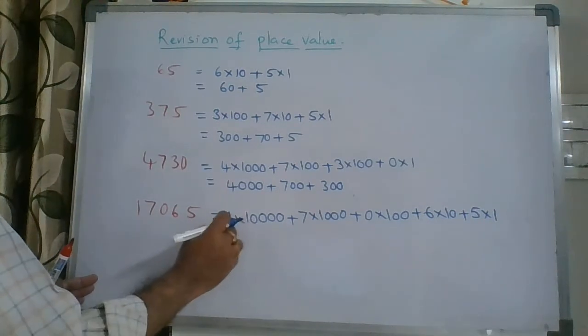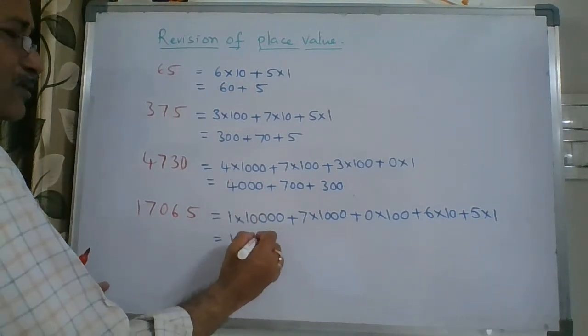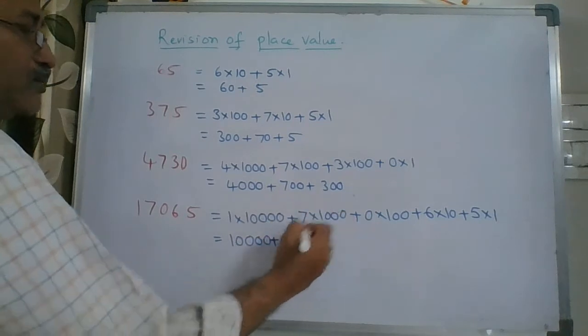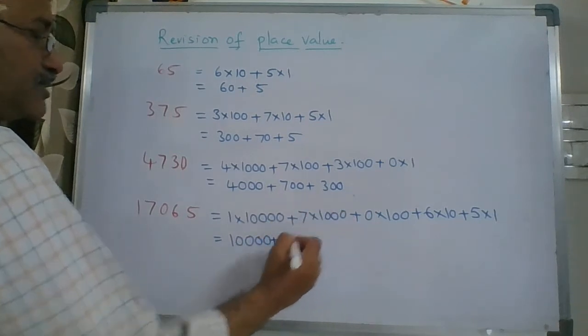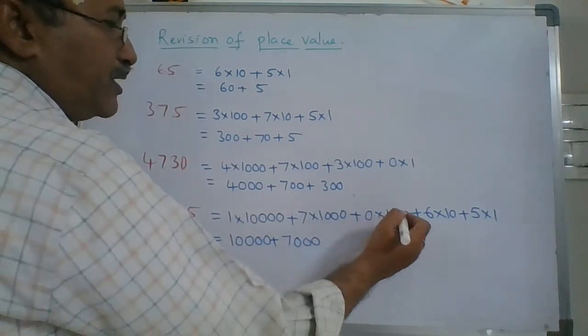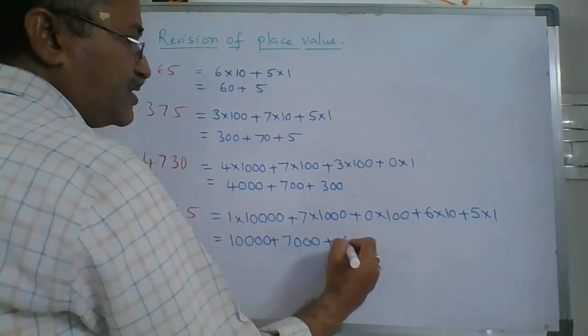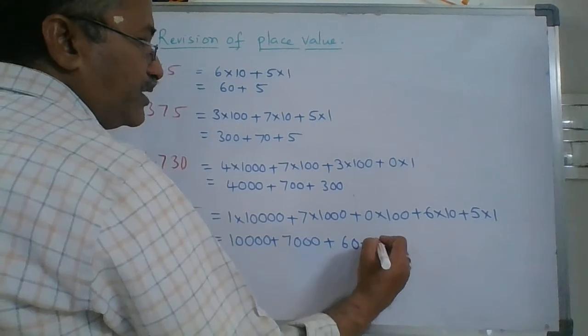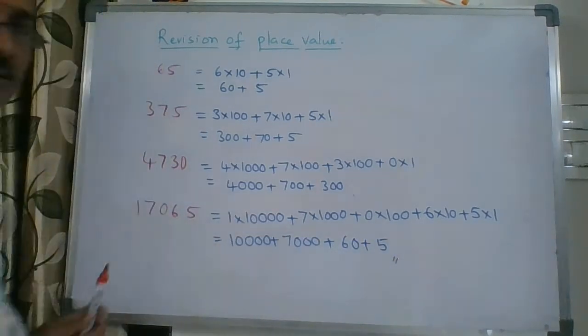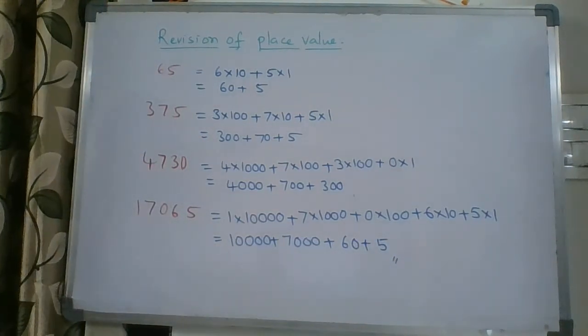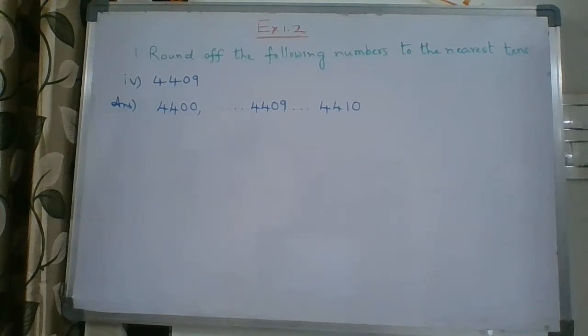So 1 into 10,000 is 10,000 plus 7 into 1000 is 7,000 plus 0 into 100 is 0, no need to write, plus 6 into 10 is 60 plus 5 into 1 is 5. Okay, note down. Now we'll start exercise 1.2.